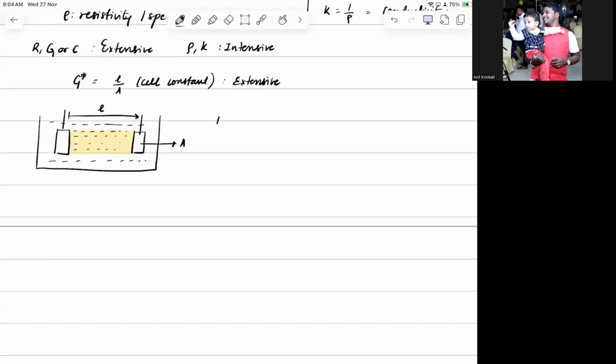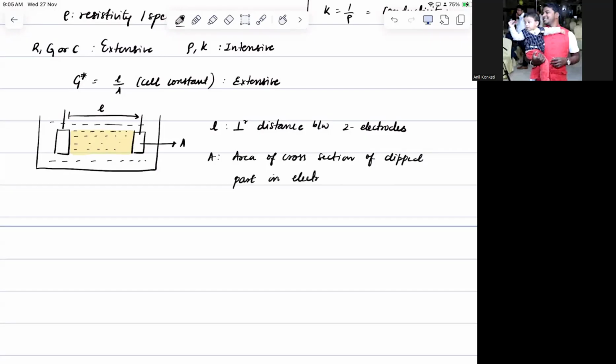So in that case, 1 by R here. Acha, this L always has to be the perpendicular distance. Sometimes questions are framed with a slanted height. You need to take its component. L should always be the perpendicular distance between two electrodes. A represents the area of cross section of the dipped part of the electrodes in the electrolytic solution.